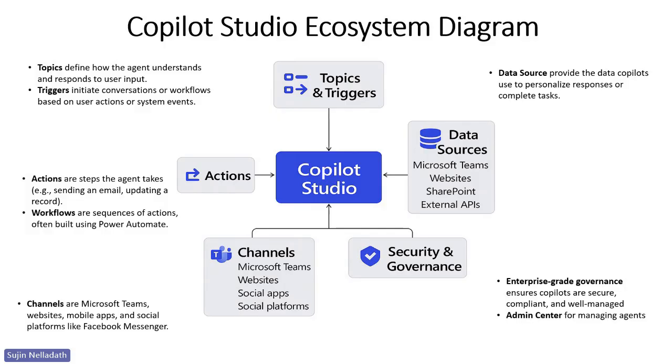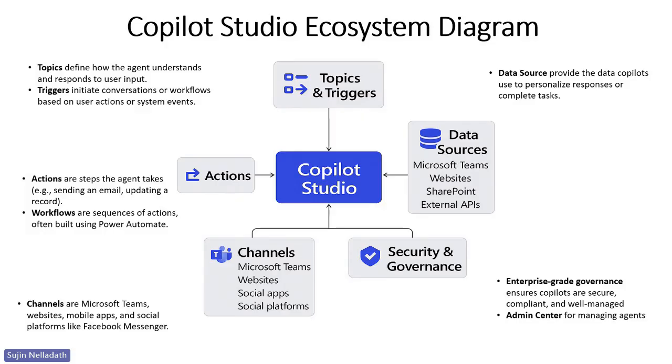And the channels, like I said already, you can deploy your agents to multiple channels, like Microsoft Teams, a website, social platforms, or a social media application. You can create your own website and put it on that website. So all that would work with Copilot Studio. And the data source we already discussed.